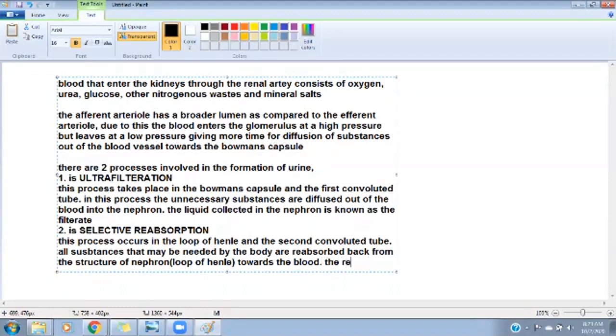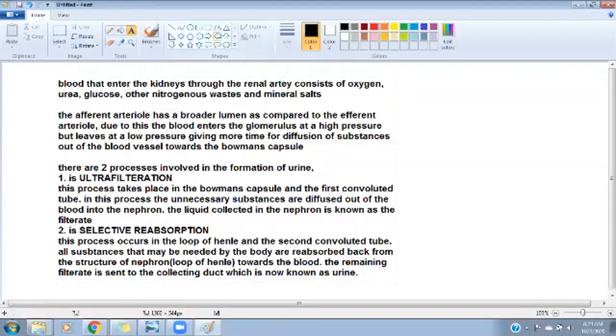The remaining filtrate is sent to the collecting duct, which is now known as urine. ठीक है?